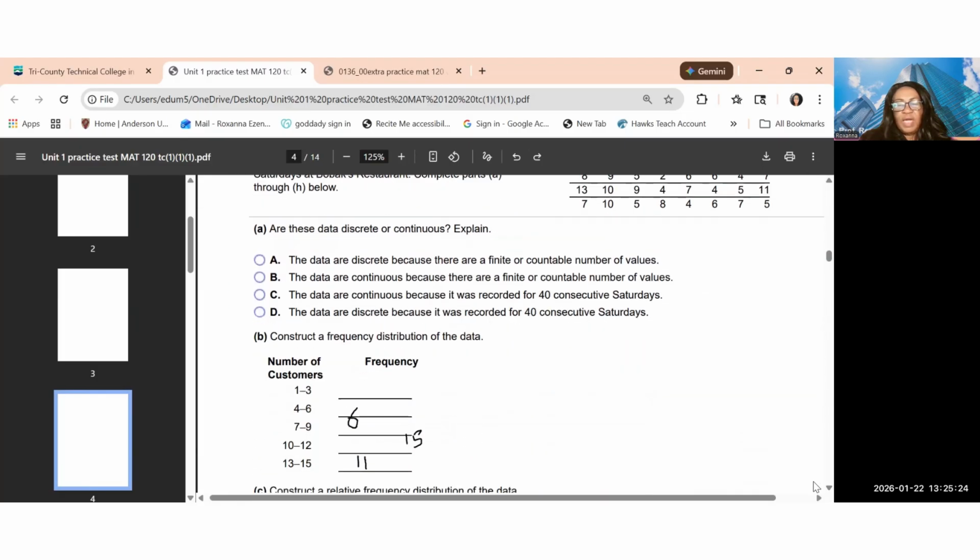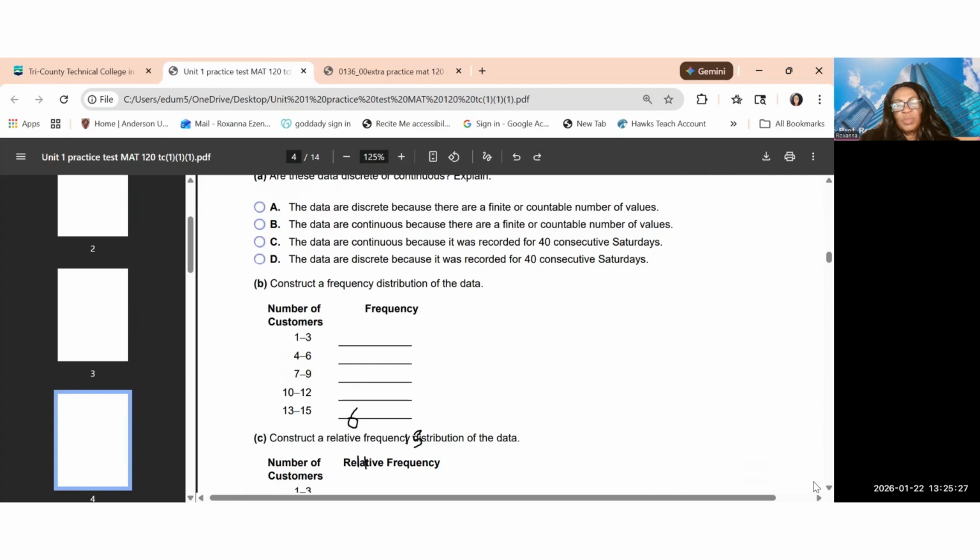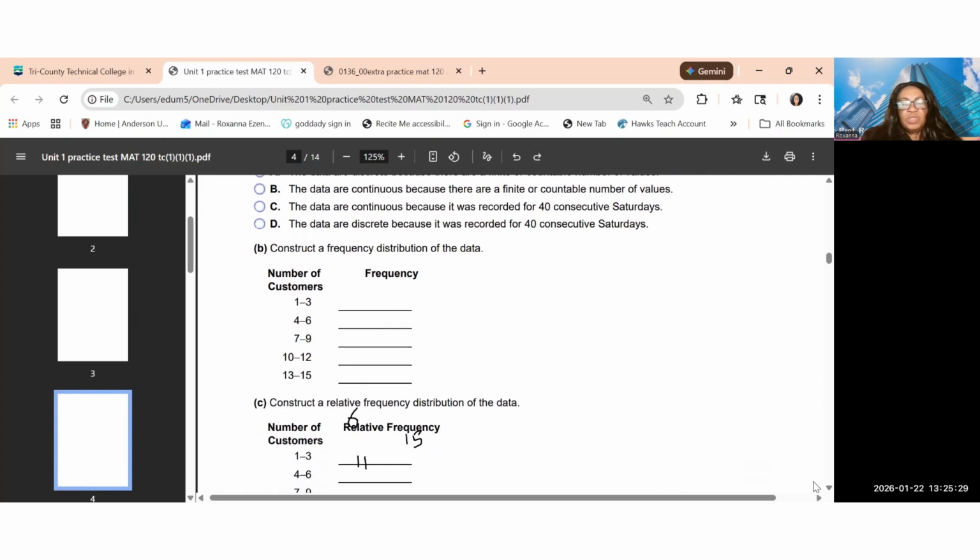So I can as well find the relative frequency. If the total is 40, the relative frequency of the first class is 6 out of 40, and the relative frequency of the second class is 15 out of 40.